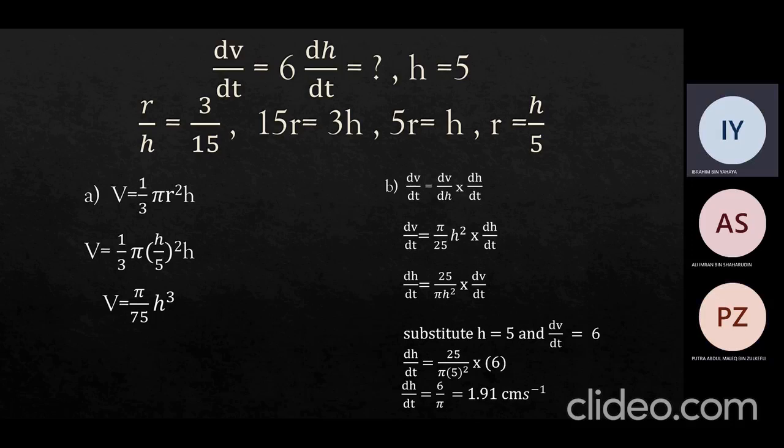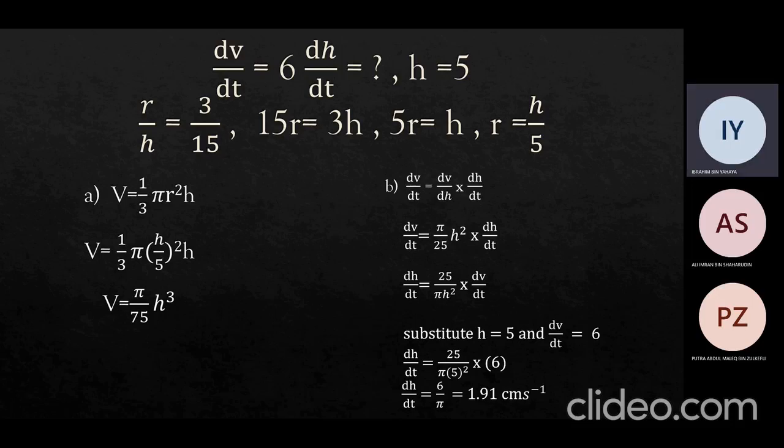So the formula is dV/dt equal to dV/dh multiplied by dh/dt. To get dV/dh, we simply differentiate the volume, which is pi over 75 h cubed.